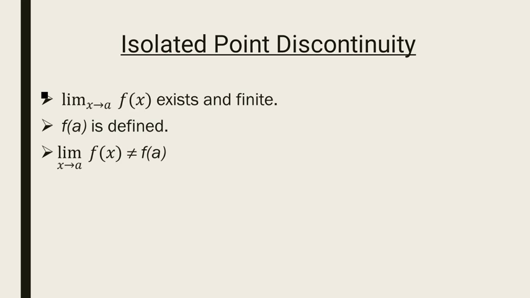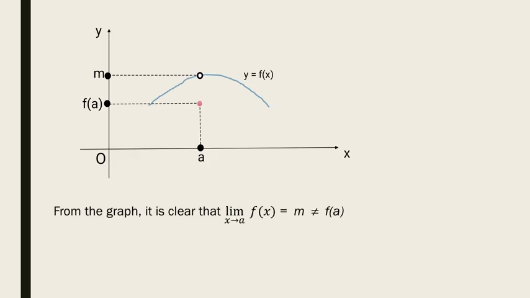So in this type, the limit exists, because it is basically a removable type of discontinuity. Automatically the limit has to exist. But here f of a is also defined, but it is different from the limit of the function. Such a kind of discontinuity is called isolated point discontinuity. If you observe this graph here, the function has isolated type discontinuity at a.